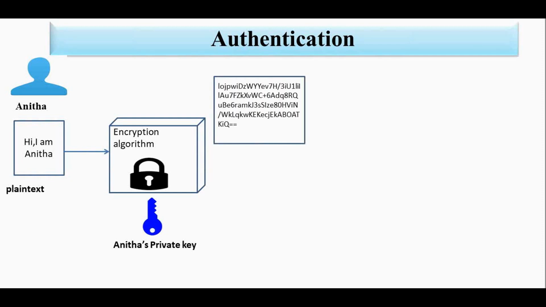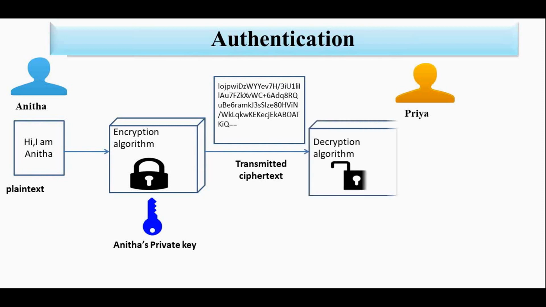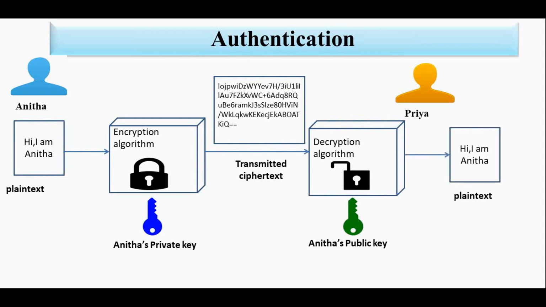The cipher text is obtained and transmitted over the unsecured channel. Priya applies the decryption algorithm using Anita's public key and can retrieve the plain text. In this case, not only Priya, anyone who has the public key of Anita can retrieve this plain text. That is authentication. Authentication means that I have to prove that I am sending the message. Anybody else can receive the message.